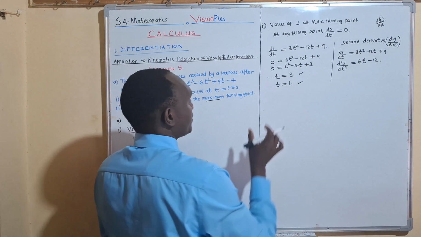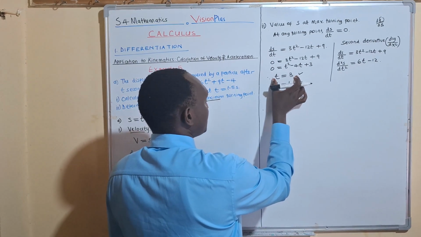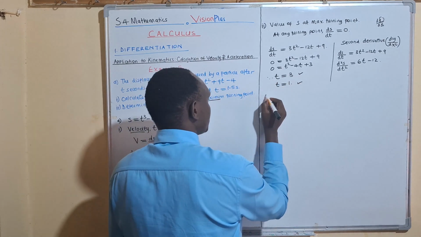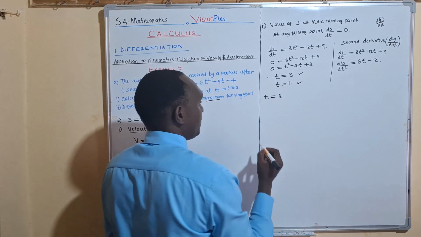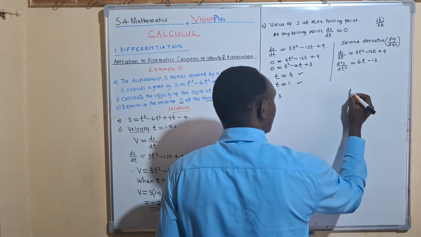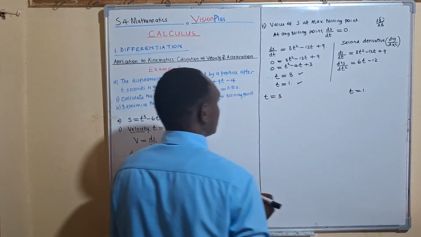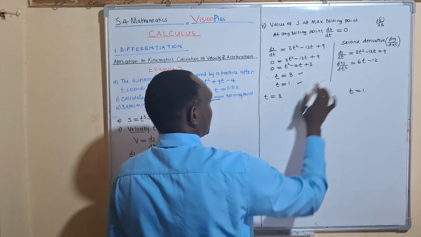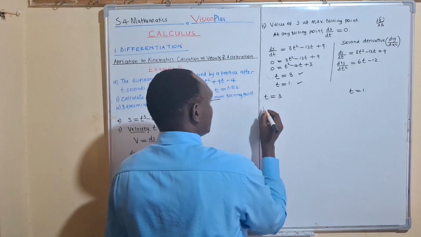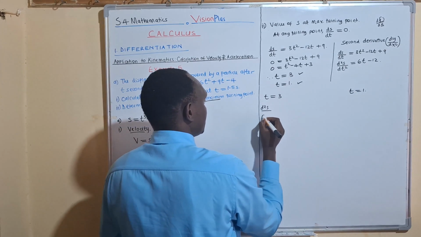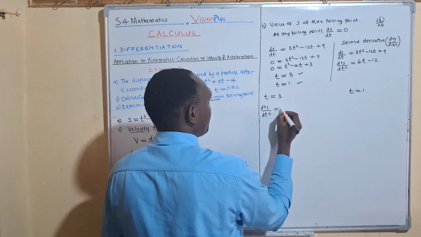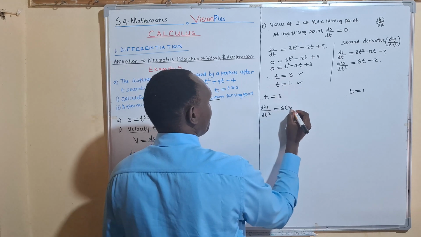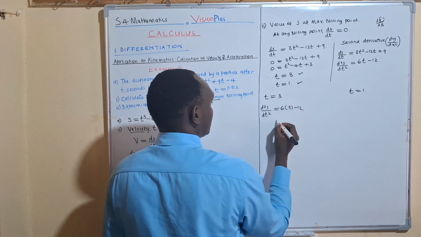Now, is the point when t is 3 a minimum, maximum, or point of inflection? So we shall test when t is 3 to see the nature of that point. Also, we shall test when t is 1 to know the nature of that point. In both cases, we are using the second derivative. Substitute for t there, so that d squared s/dt squared equals 6 times t, now 3, minus 12.